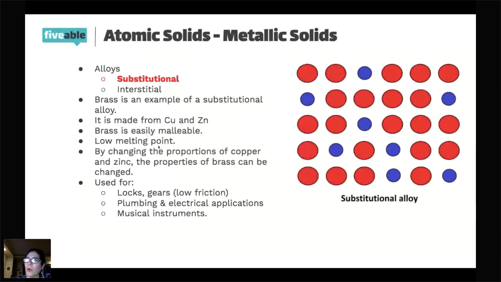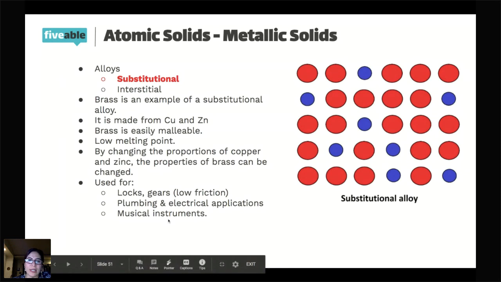It has a low melting point, and by changing the proportion, we can change the properties. So this kind of combination is used where we need low friction, for example, in locks and gears, in plumbing or electrical applications, or for musical instruments.